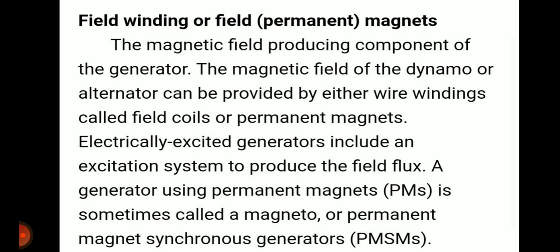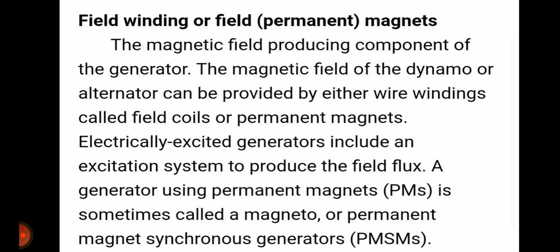The magnetic field producing component takes a field winding or permanent magnets. The magnetic field of a dynamo or alternator can be provided either by wire windings called field coils or by permanent magnets.